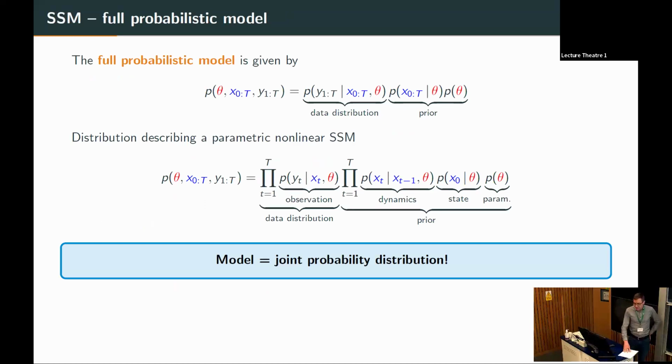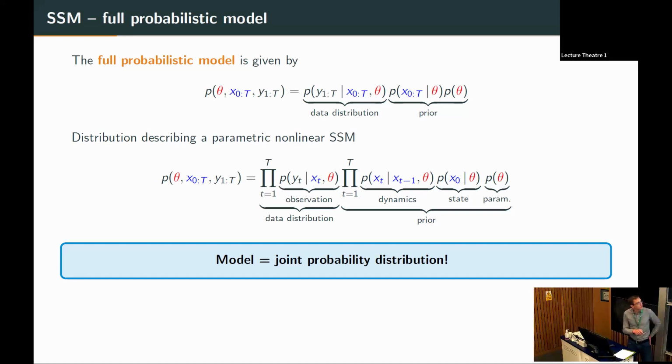So with this probabilistic formulation of the state space model, we can also write down the complete joint density for all the variables that appear in this model. So the unknown parameter theta, all the latent states, and all the observations. And using the conditional independence properties, the Markov property of the state space models and so on, it turns out that this joint density over all the variables can be factorized this way, right?